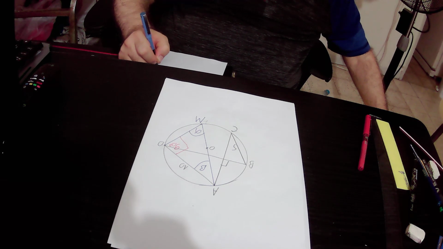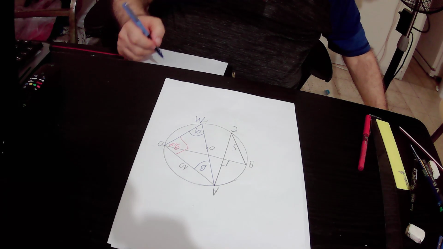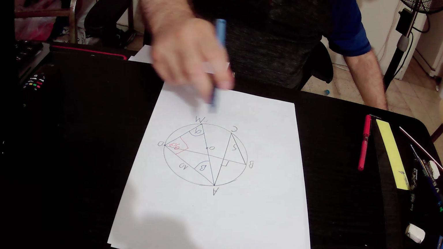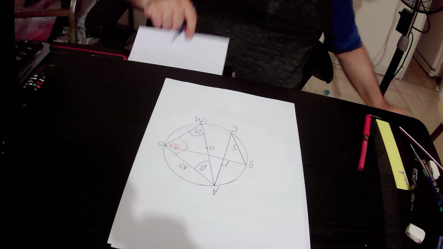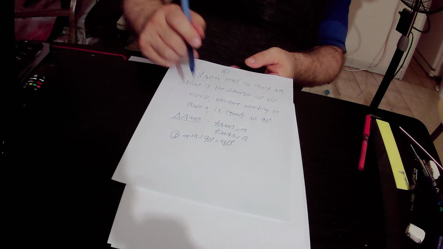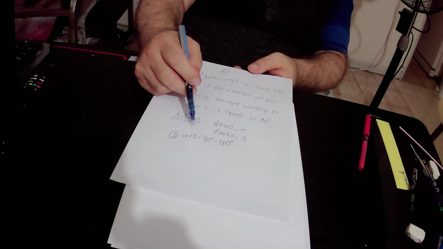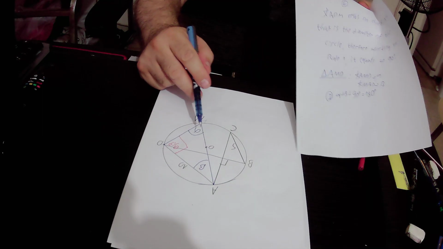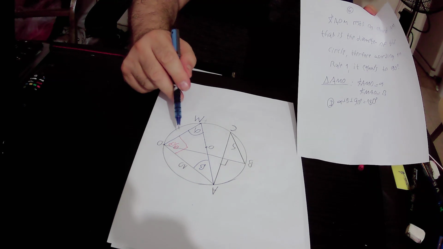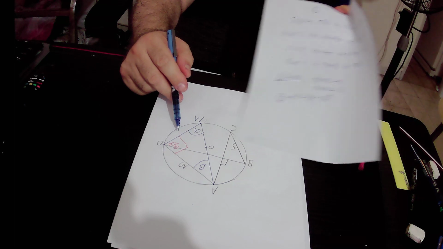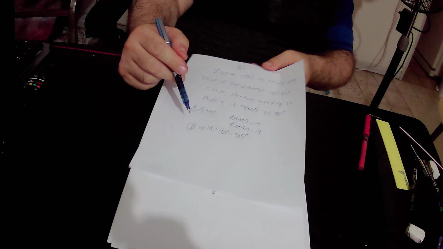The sum of the angles in any triangle equals 180 degrees, and especially in the right triangle AMD. That is to say, alpha plus beta plus 90 degrees equals 180 degrees.